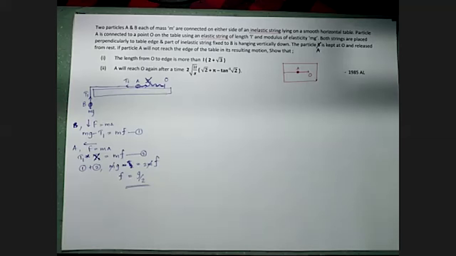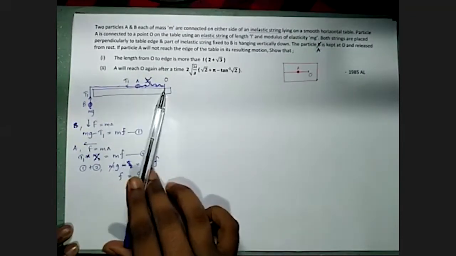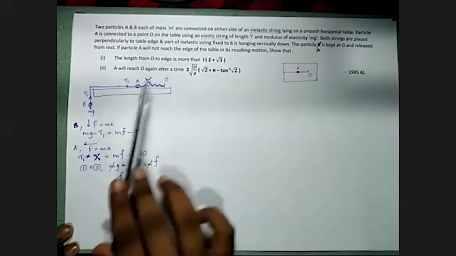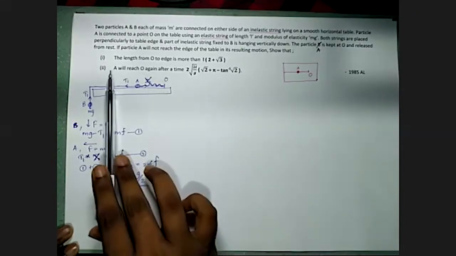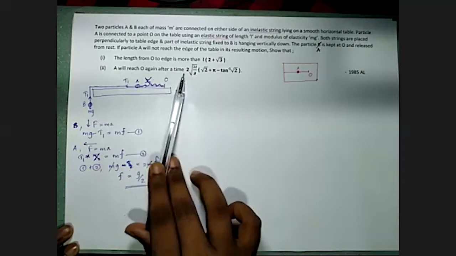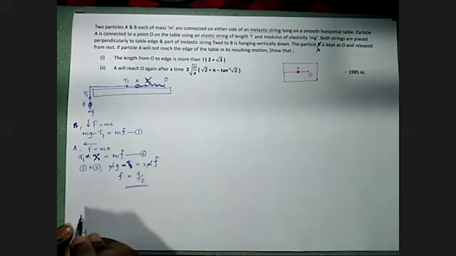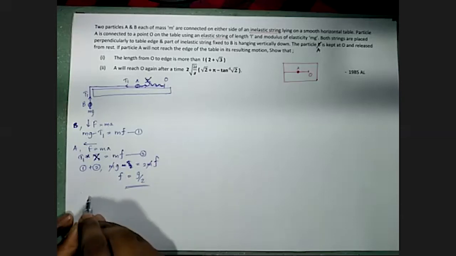Now I can find the time taken by this particle A to reach the natural length of this elastic string, because in Roman number 2 they ask for the time. For that I will take the time here itself.